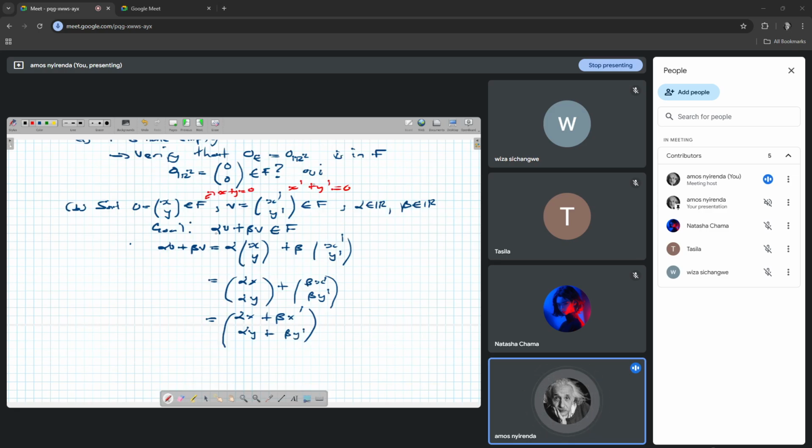So here we've calculated alpha u plus that quantity, like so. The goal is to show that this sum is going to be in F.